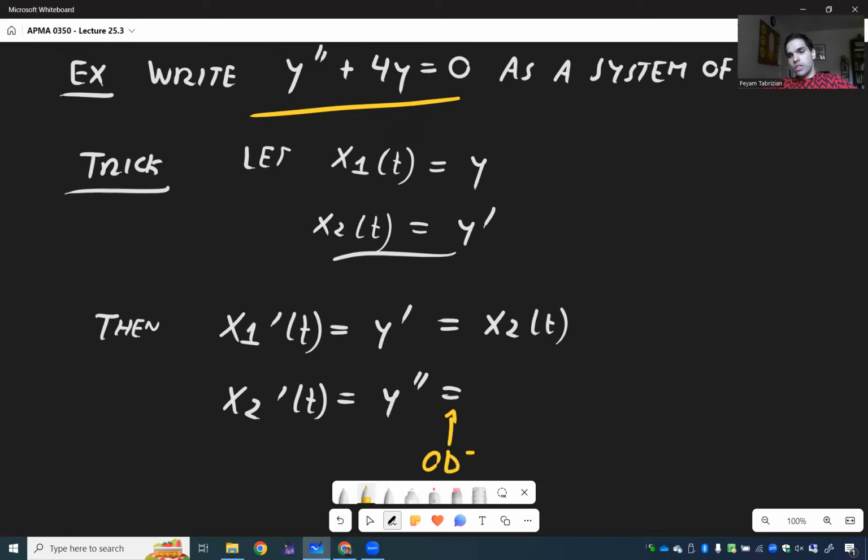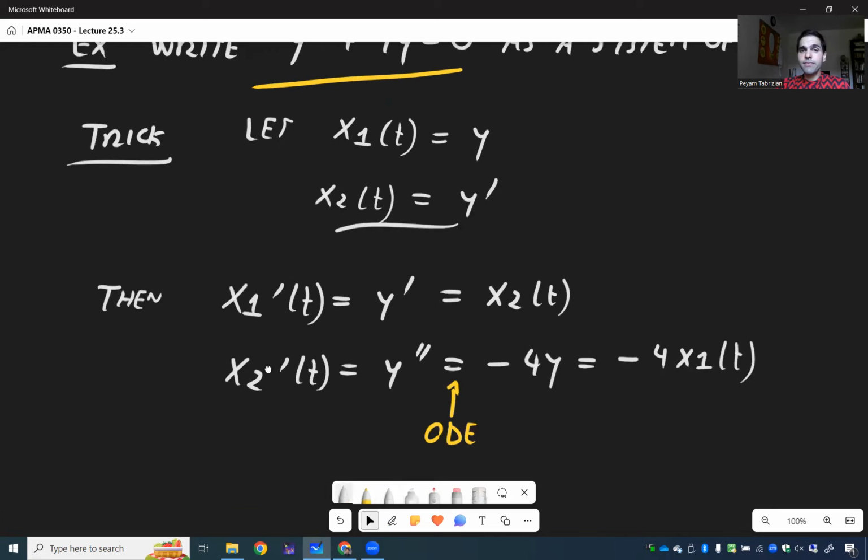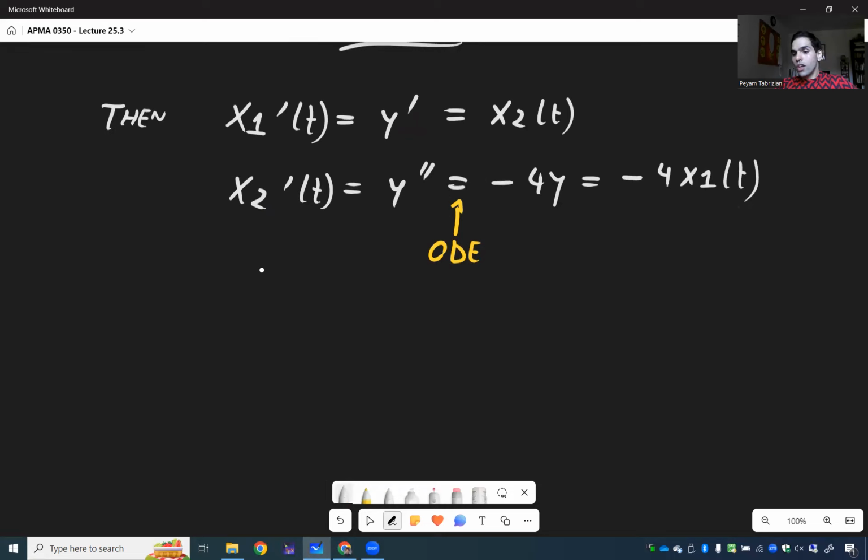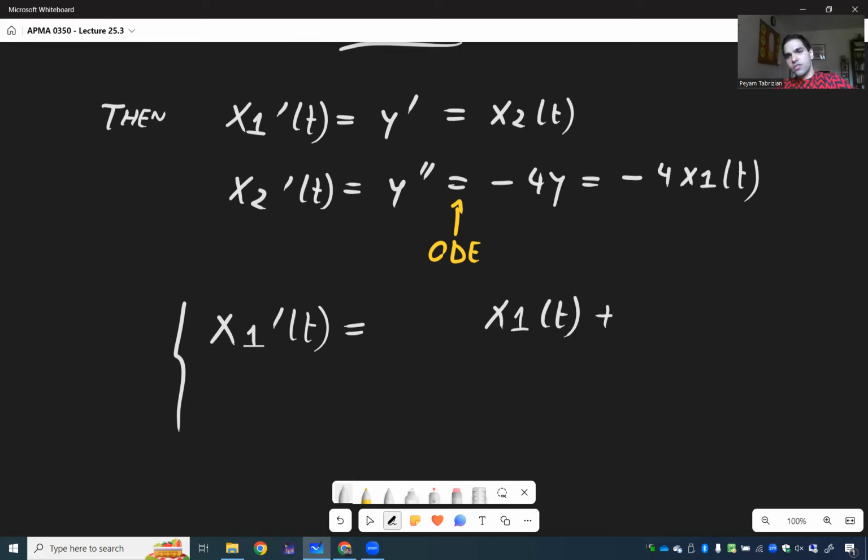So here you use the ODE. So this becomes minus 4y, and that becomes minus 4x1 of t. So you see, we have this closed form system, and then we just want to write this in terms of coefficients. So x1 prime of t is something x1 plus something x2. And then x2 prime of t is something x1 plus something x2.